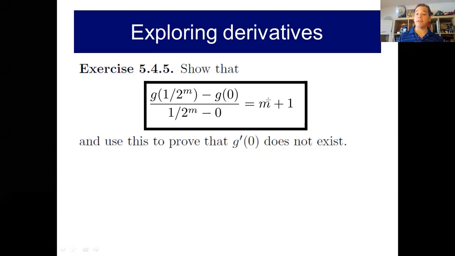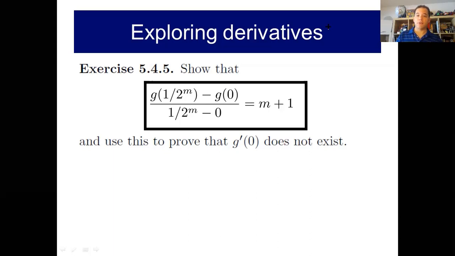And what is the limit of m plus 1 when m goes to infinity? Yeah, thank you, Andranik. That's right. It goes to infinity, right? And if it goes to infinity, that means the limit doesn't exist. And if the limit doesn't exist, then that means the derivative g prime of 0 doesn't exist.